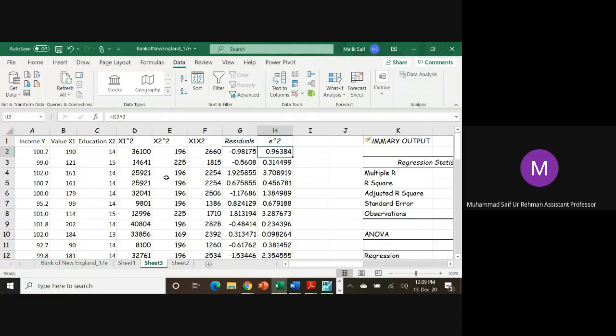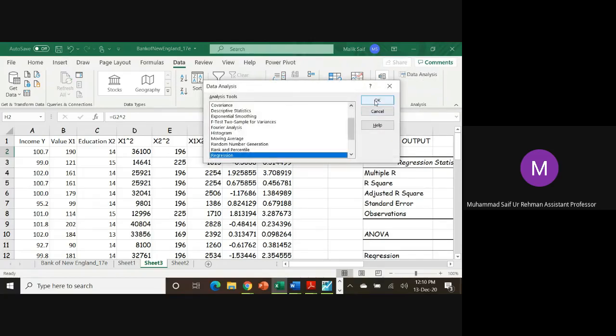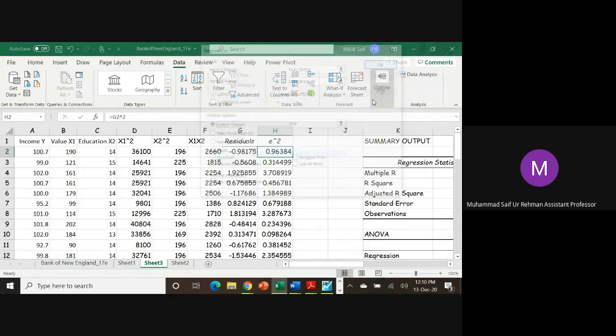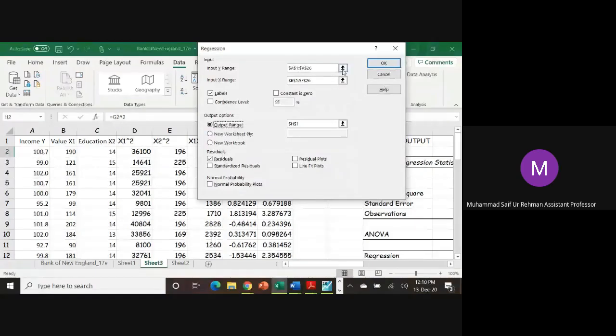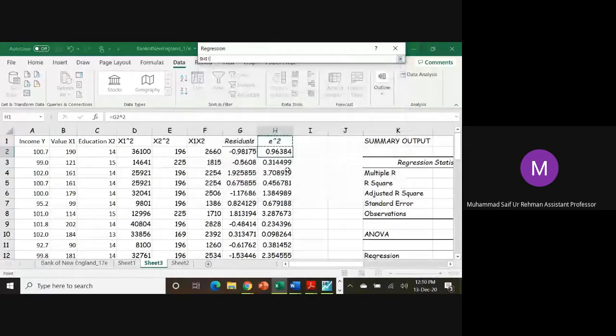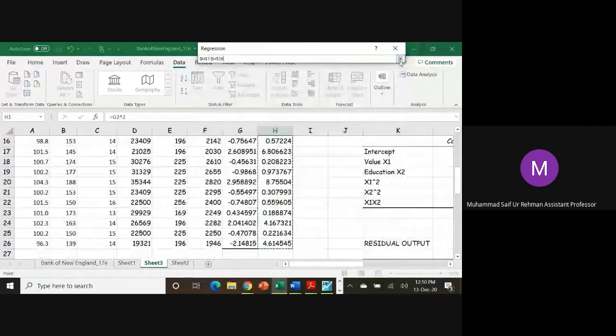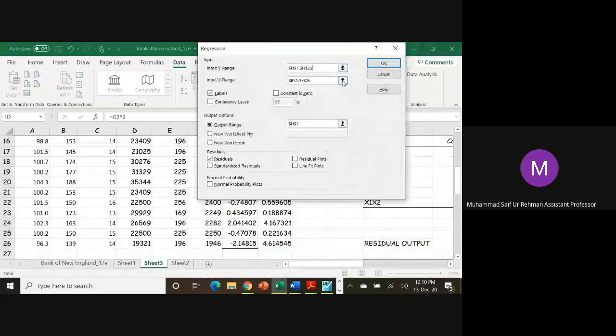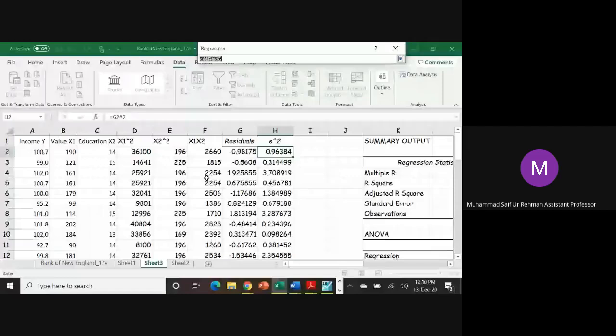So now I'm going to have the regression results where I regress this on all the explanatory variables. Let us see. Regression. First of all, the input range. So now my input range is this. And these are all the X values.